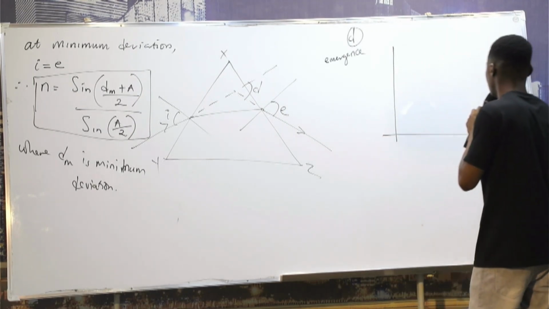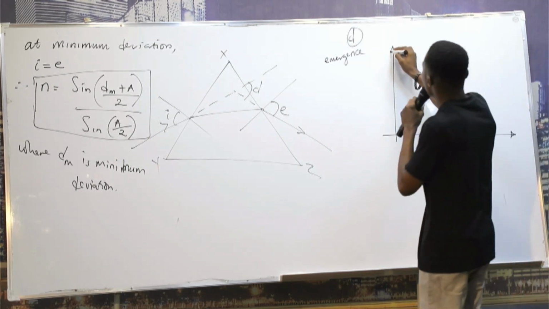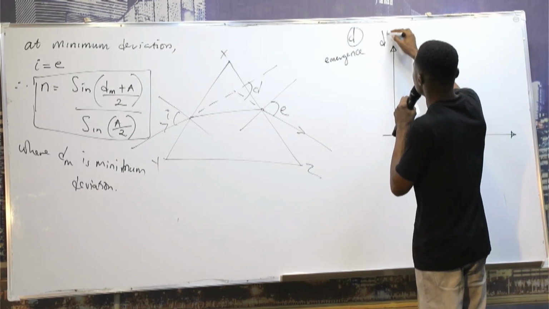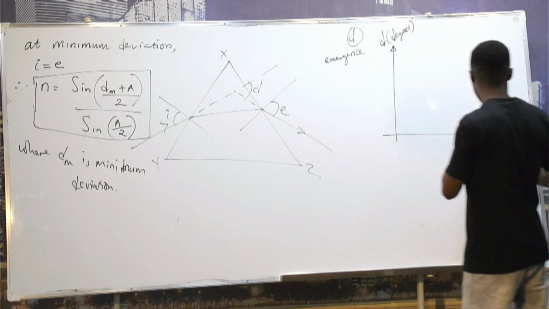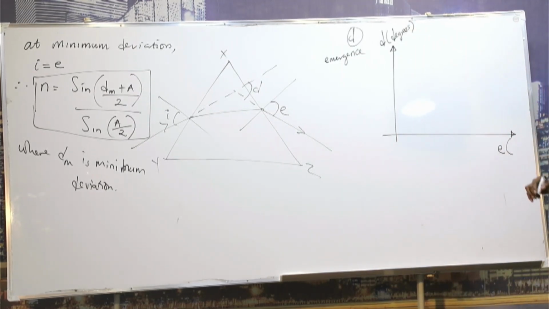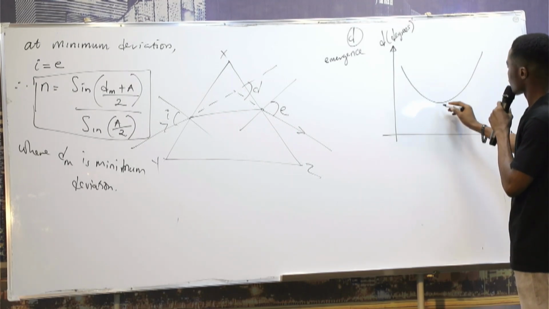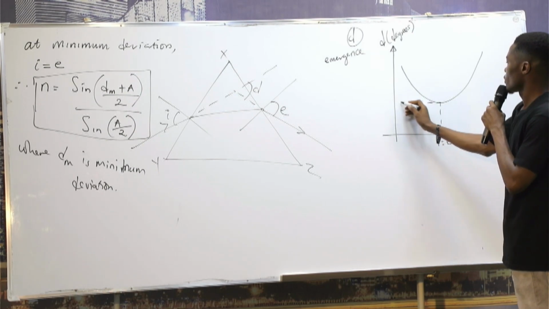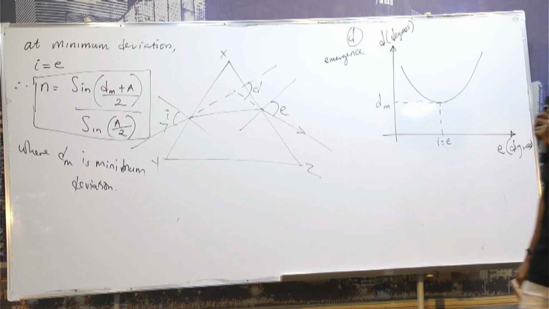Then you sketch this graph we are about to sketch now. We have D on the vertical axis, and this D is the deviation in degrees. And then we have E on the horizontal axis, which is also in degrees. This is what we will obtain. Now sketch that graph.